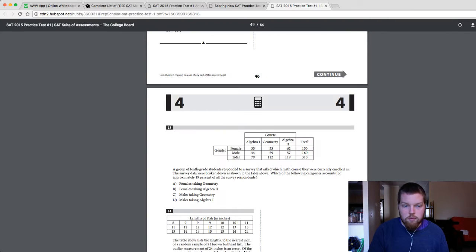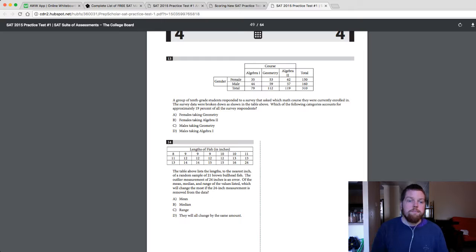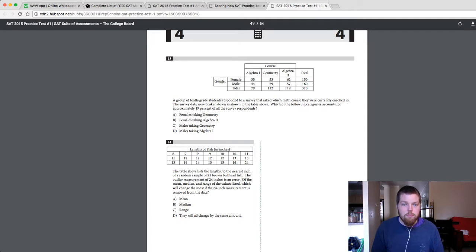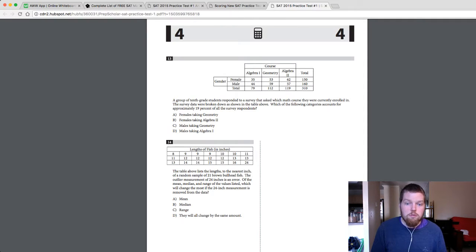All right, moving on to number 13. A group of 10th grade students responded to a survey that asked which math course they were currently enrolled in. The survey data were broken down as shown in the table above. Which of the following categories accounts for approximately 19% of all survey respondents?